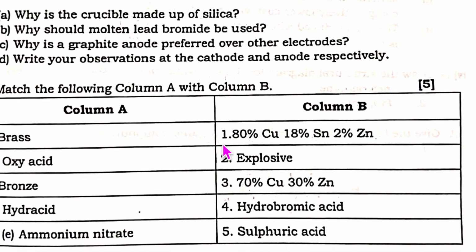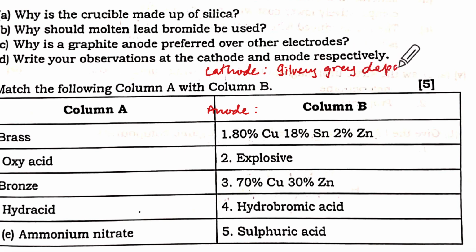Your observations at cathode and anode. So you have to write cathode and you have to write anode and then write the observations. Pb is going to get deposited. What is the color of Pb? Silvery gray. Deposits of silvery gray deposit of what?